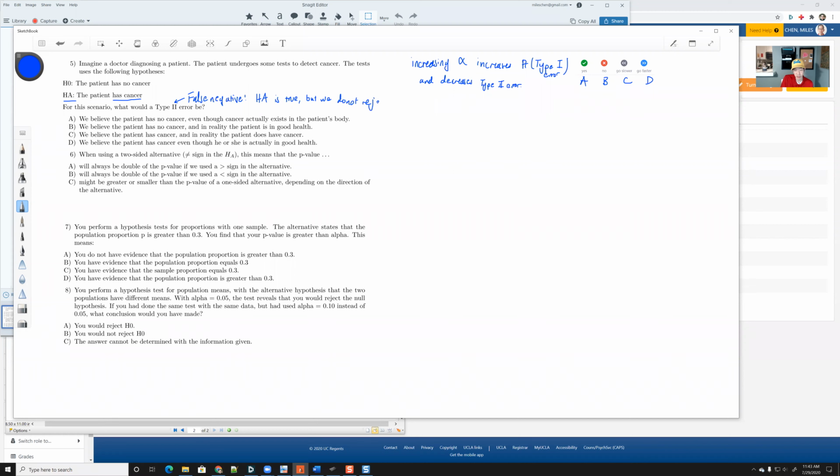So as far as this problem goes, we believe the patient has no cancer, even though the cancer actually exists in the patient's body. That's going to be answer choice A.